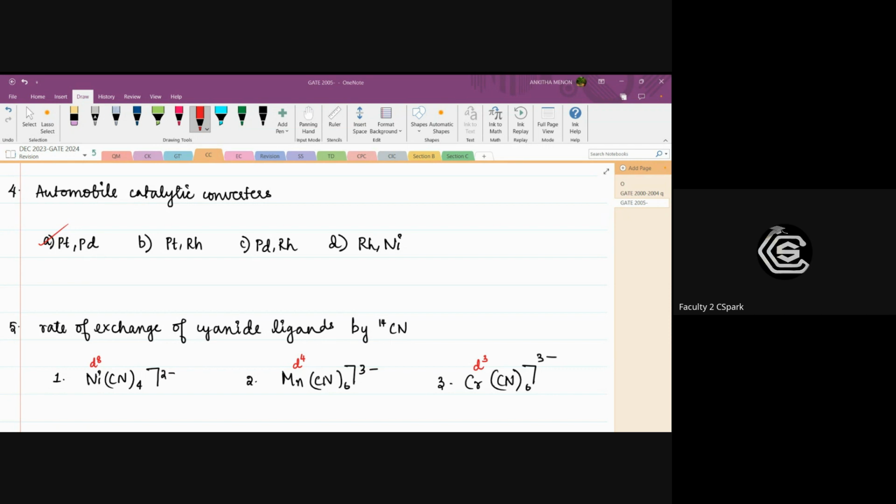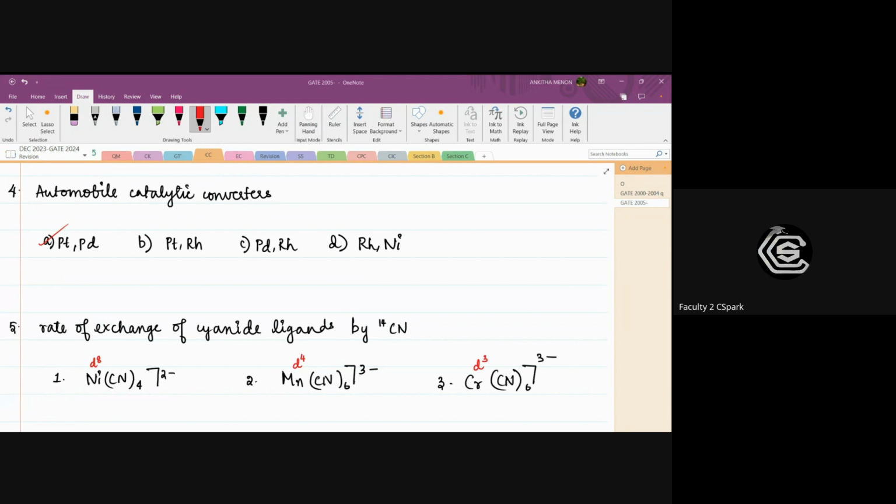We did a question. Depending upon who is inert and who is labile, you tell. Is A labile or inert? First one. A is labile. We learned that yesterday, right?